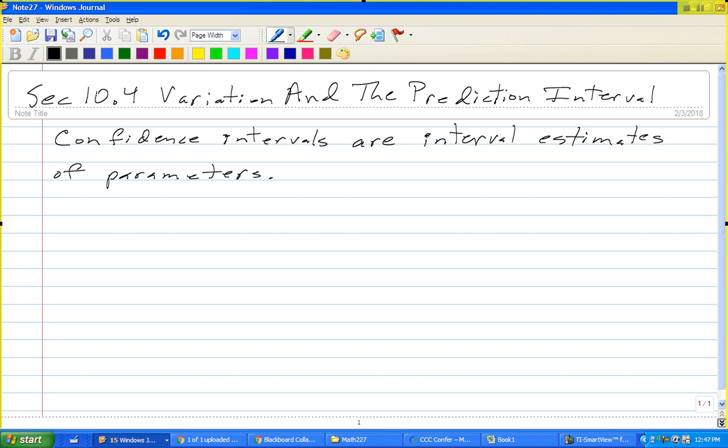Well, the same sort of thing, prediction intervals are again just the same interval estimates, but rather than being estimates of a parameter, they are estimates of a variable.